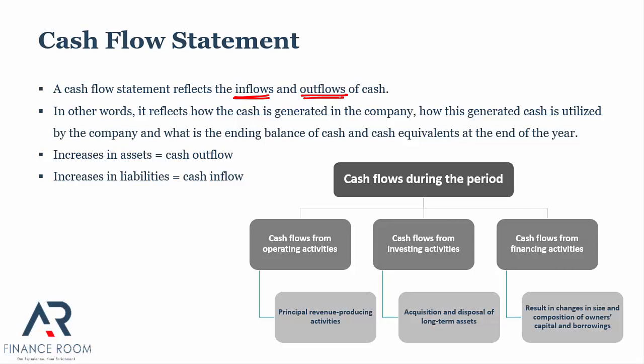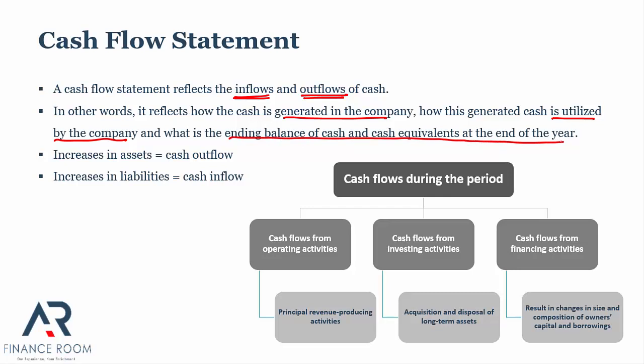In other words, it reflects how the cash is generated in the company and how the cash that is generated is utilized by the company. And the cash flow statement ends with showing the ending balance of cash and cash equivalents at the end of the period.